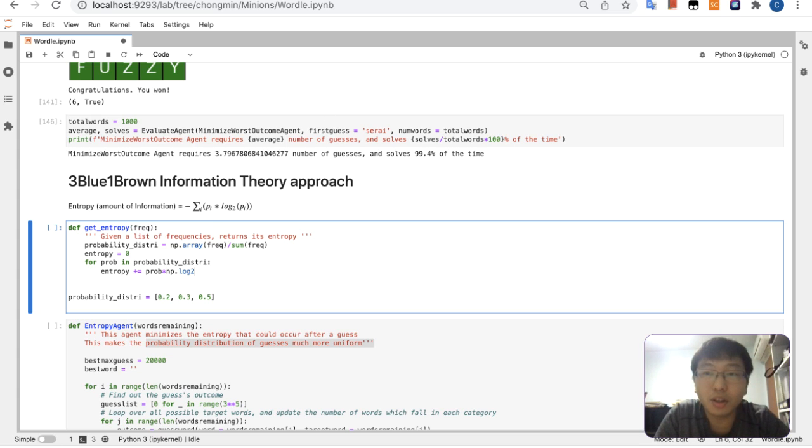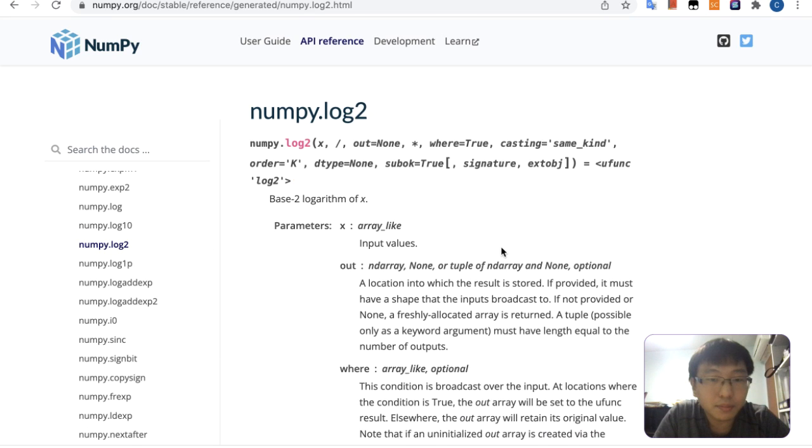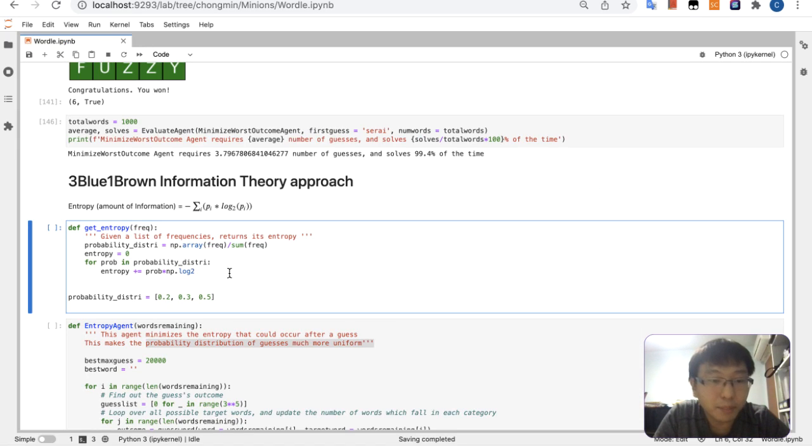I think there's an np.log2, right? Yeah, I think there is. So numpy.log2. Actually, we can do log also. I mean, no difference, right? It's just a scaling. If you do log or log 2, your entropy will still be similar. So numpy.log2(prop). Actually here we do minus, because this is a minus sign.